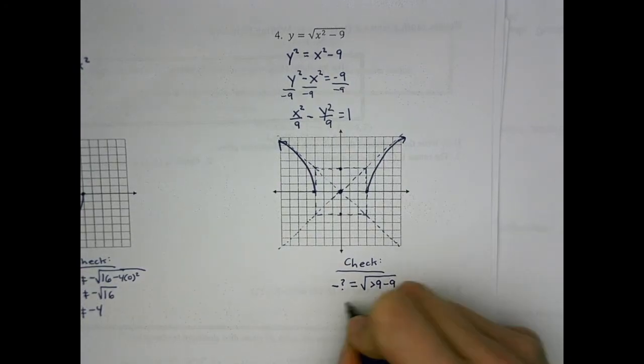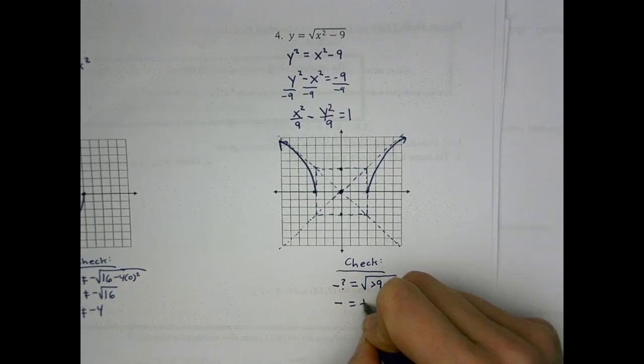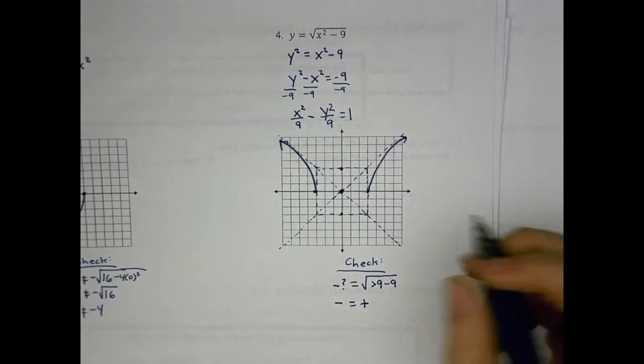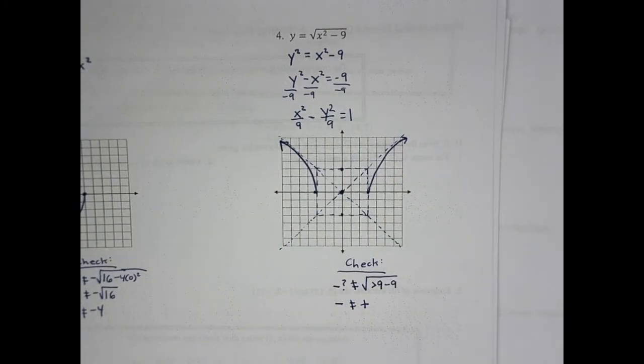This here is some negative number that's going to equal some positive number, which is a false statement, and so it is good that I left off this bottom portion of my hyperbola. It would generate false statements. Okay? And that's objective 2.